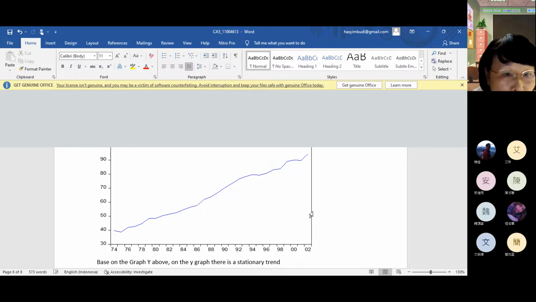So based on the graph, why did you see the graph like this one as stationary? We say this is trend up, which means a stochastic trend. This is not a stationary trend. Oh, not stationary. Okay, okay. Thank you, bro.